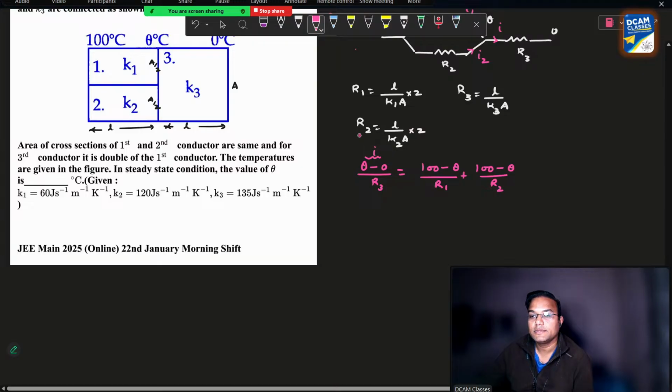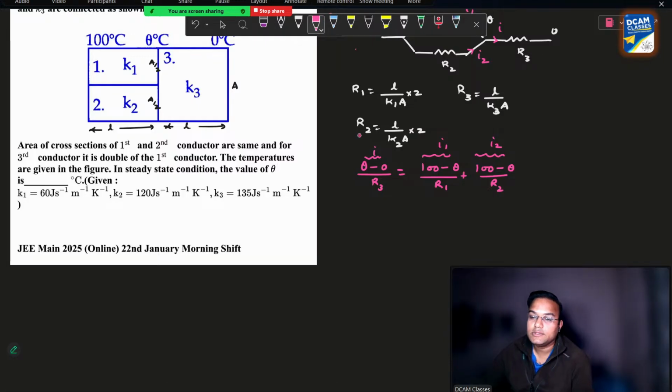Okay, Kanishka, this is I, this is I1, and this is I2. Now put the values. Theta divided by R3 is L by K3 A is equal to 100 minus theta divided by R1 is L by 2L by K1 A plus 100 minus theta by 2L into K2 A.